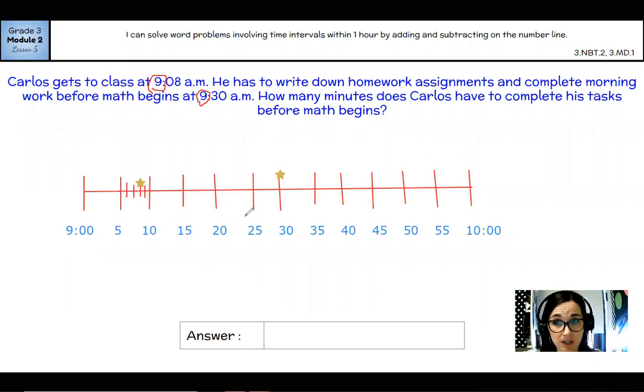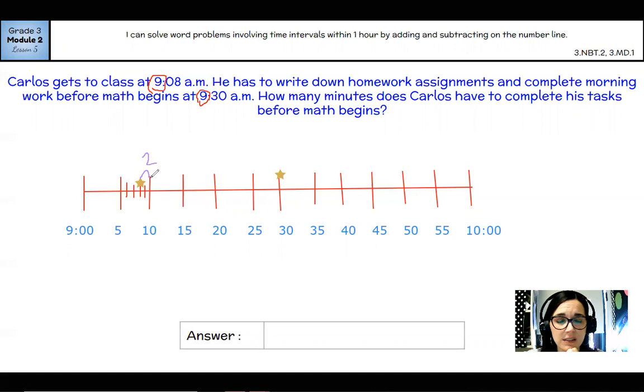So basically what the question is asking is how much time comes between the time that he gets to class and the time that he has to be done with these tasks. So how much time is in here, right? If I go from where he gets to class, my first star, to my first interval at 10, that's 1, 2 minutes, right? It takes 2 minutes to get from 9:08 to 9:10.